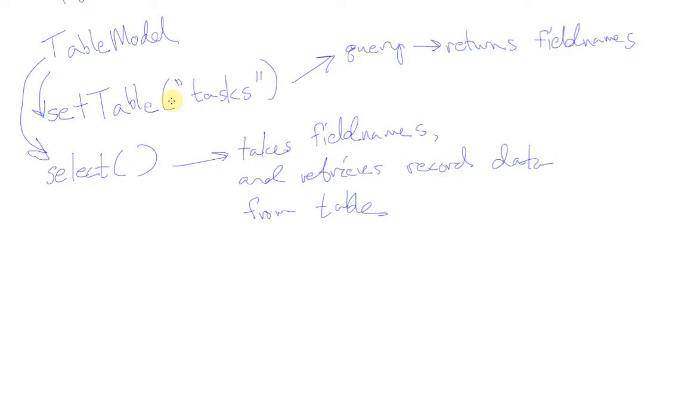We can also set a new table in the middle of the application running and select again and have the table model data, which is in the memory of the application, update itself off of the query of data off of the newly set table, which is a great dynamic feature as well.